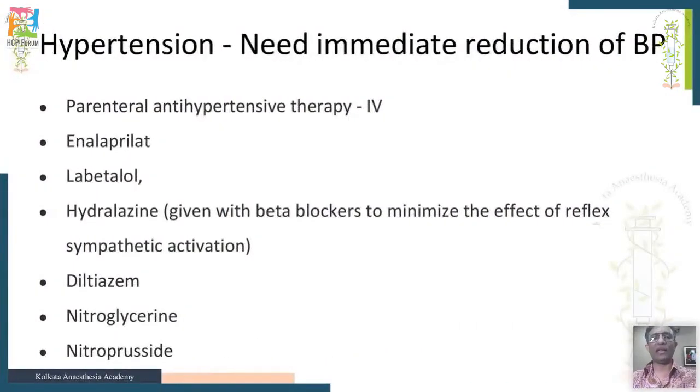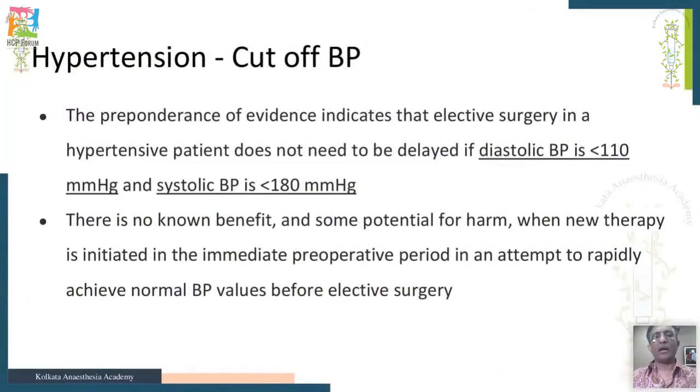If you need to do it quickly, these are the standard drugs which all of you would know. I think this is again a classic thing as to what blood pressure levels you will accept prior to even an elective surgery. This comes from KDIGO, also from the ACC/AHA, that you have no business denying surgery if the diastolic blood pressure is less than 110 millimeters of mercury and the systolic blood pressure is less than 180.